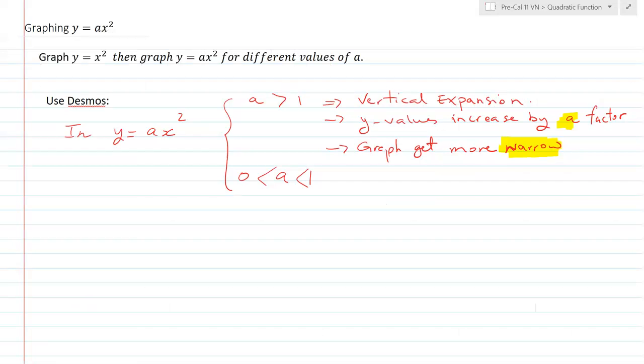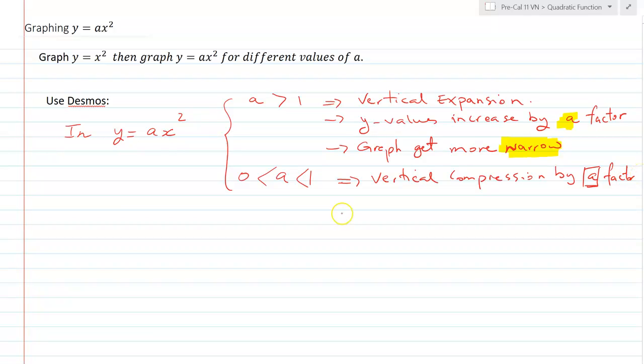So let's go back to the notes. What happened is that we get a vertical compression by a factor of whatever that a is.